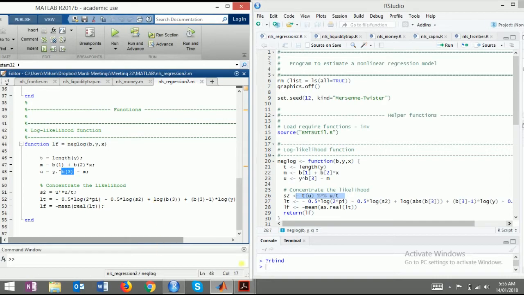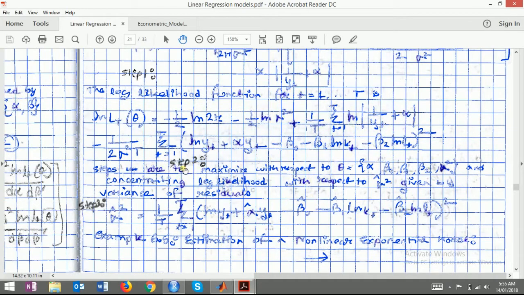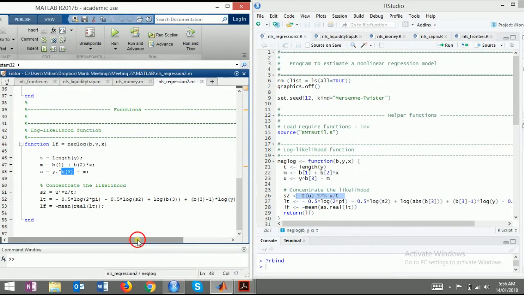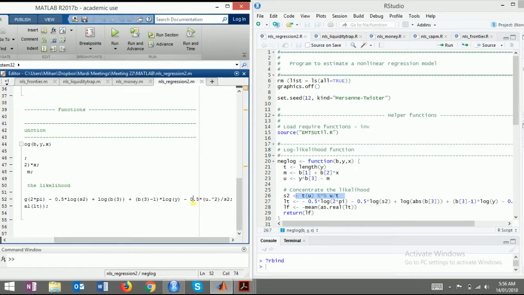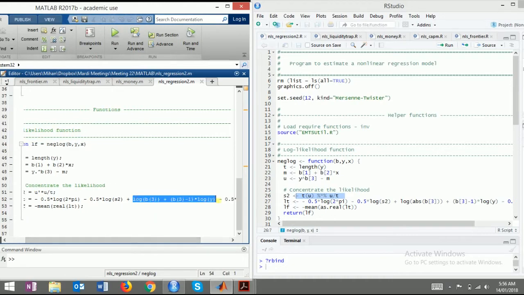This structure is similar to this structure. See, this was the equation, right? Then log of beta 3, minus beta 3 minus 1, minus the rest, u square by sigma square. So in between, because of beta 3, we have these two portions.